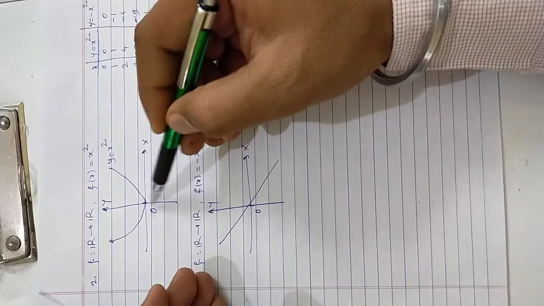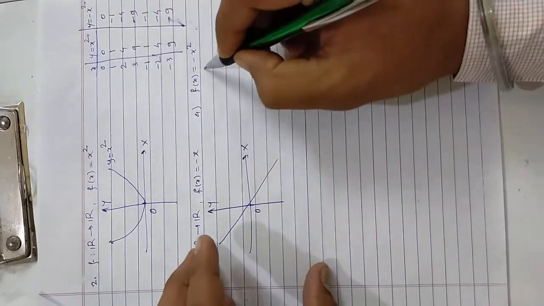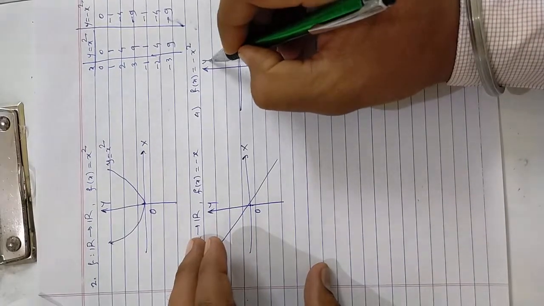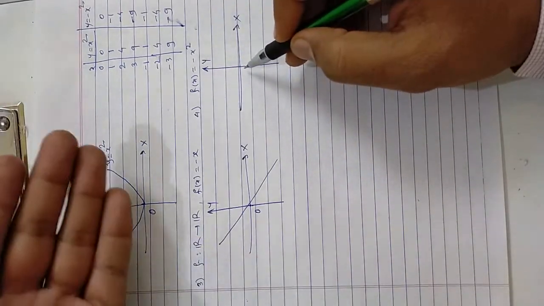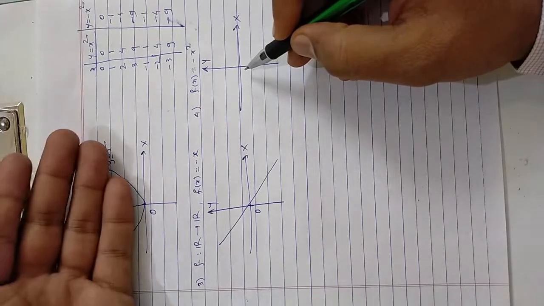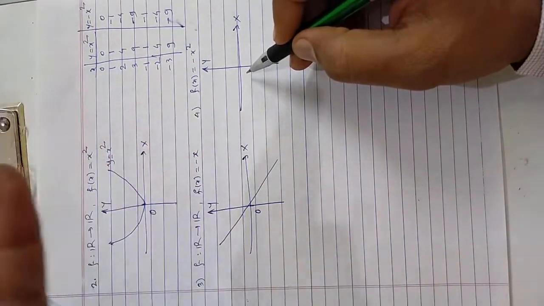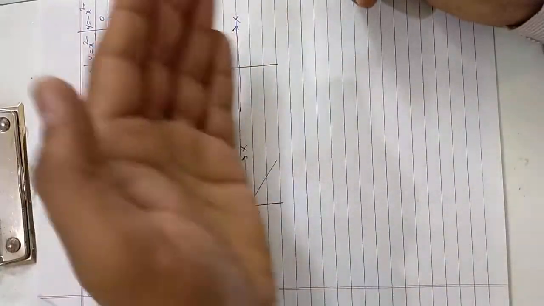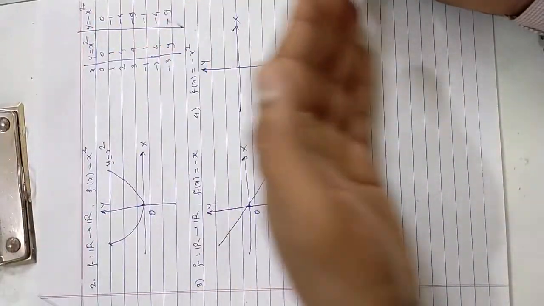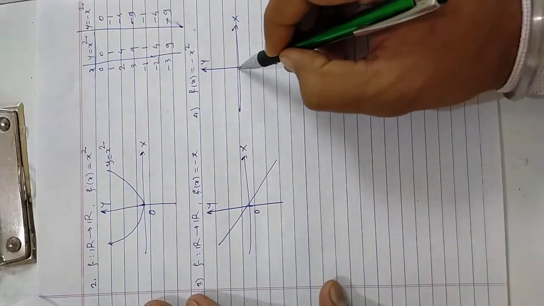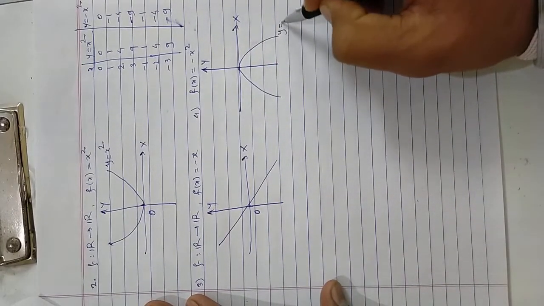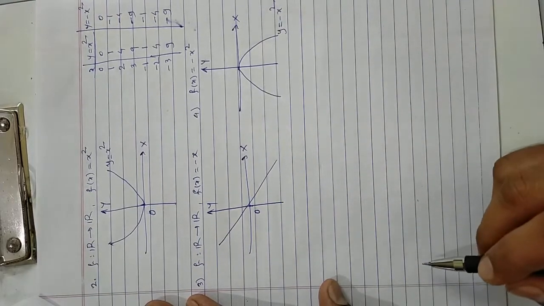Below x-axis, y has negative values. So the graph of y equal to minus x square will flip along the x-axis, and it is the graph of y equal to minus x square.